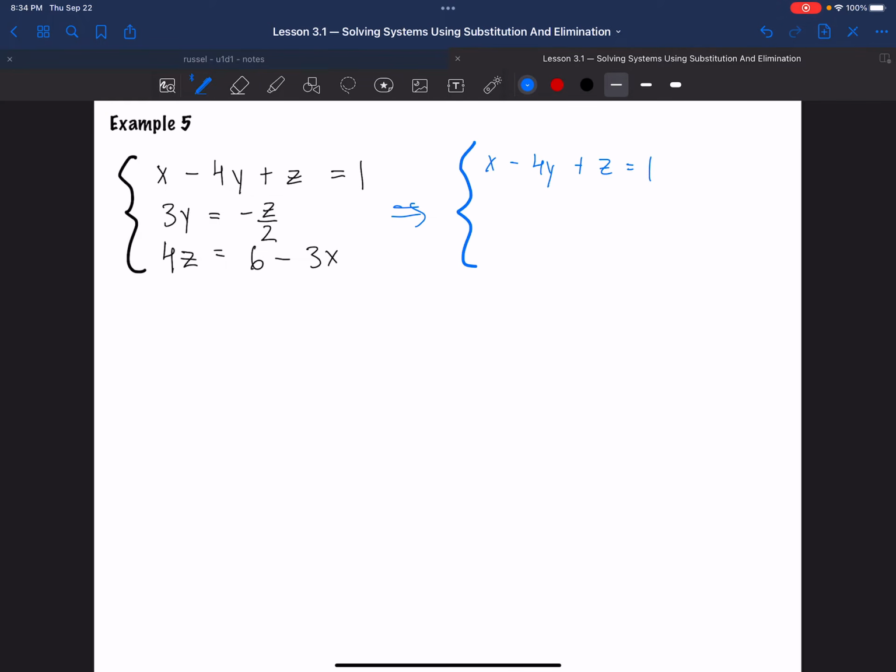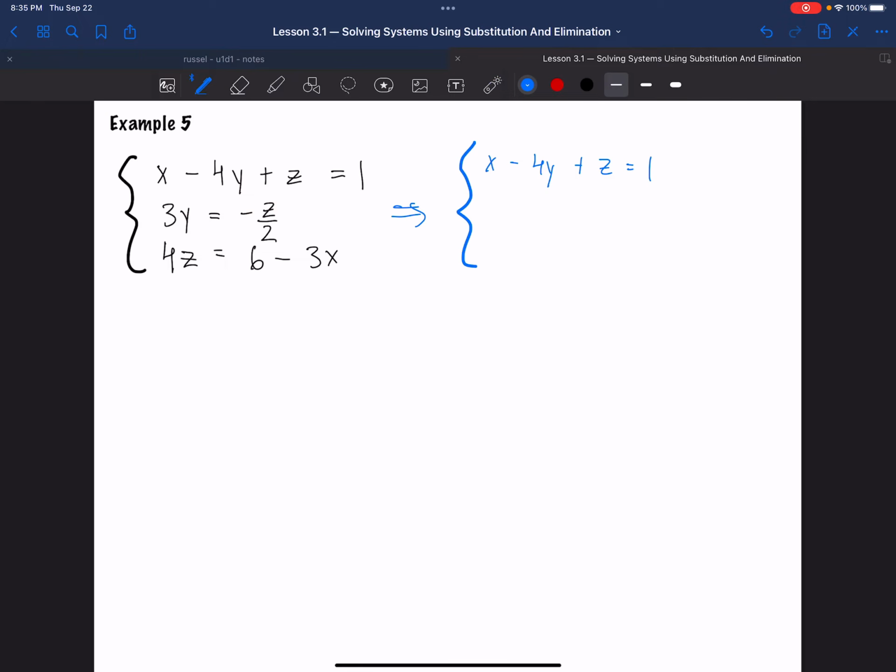I'm just copying that down. But this next equation, I want to add z over 2 to the other side, right? See, that's negative z over 2, so I'm going to add z over 2. That way that cancels and moves this guy here.